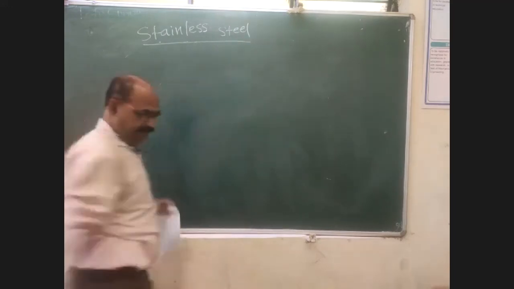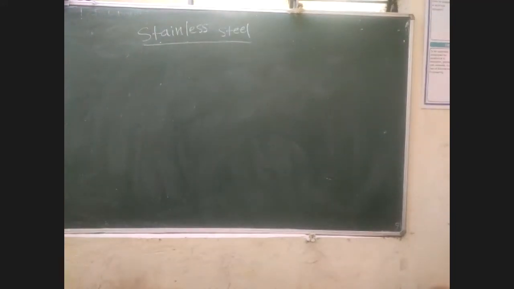Stainless steel. So whatever is used in our home, normally in the kitchen, boilers, pressure cookers, and wherever a heat affected zone is there, we are using stainless steel.